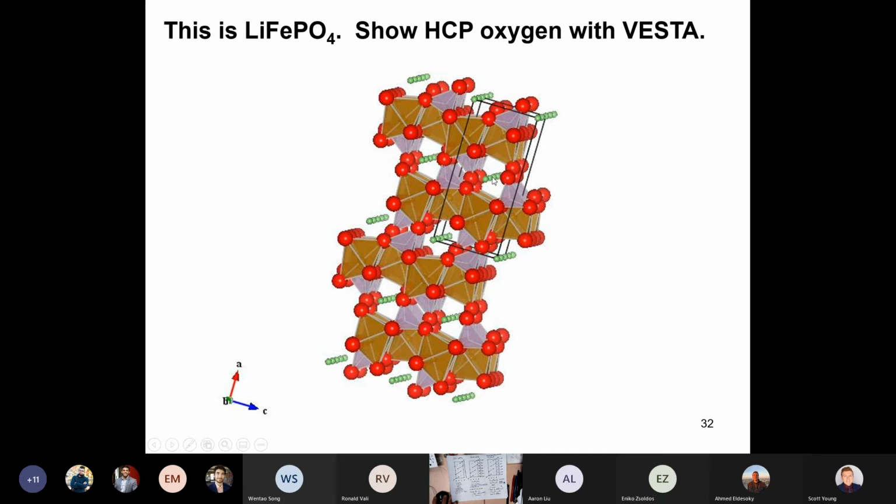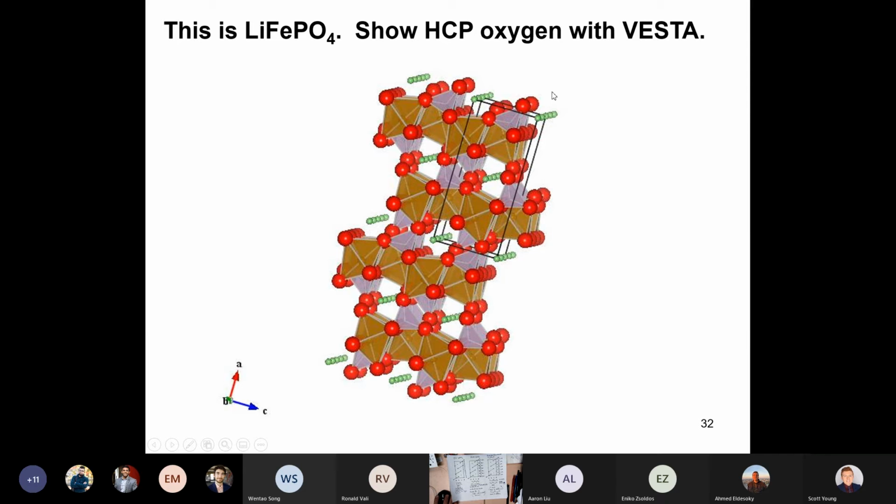And this is one of the reasons why lithium diffusion in lithium iron phosphate is relatively poor, because any defects just completely mess it up. The lithium can't go around it like it can in a layered material. There's two dimensions in which it can move. Or in spinel, it has three ways it can get around a defect.